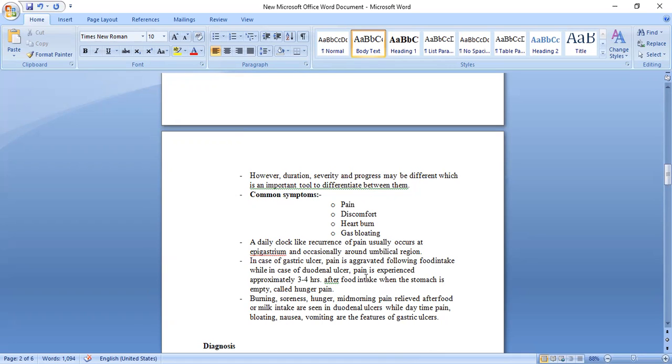Isn't it common? I think you have experienced this, gastric ulceration, which means acidity and everything, isn't it? Pain, discomfort, heartburn, gas bloating are there, and the daily clock-like recurrence of the pain.